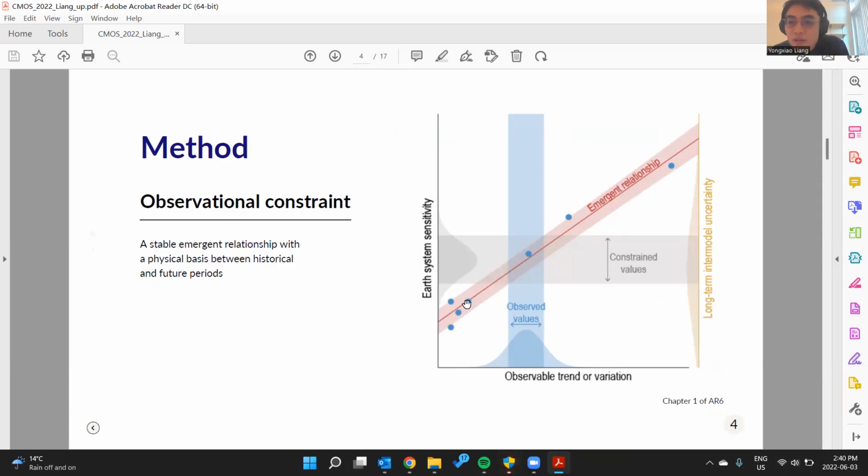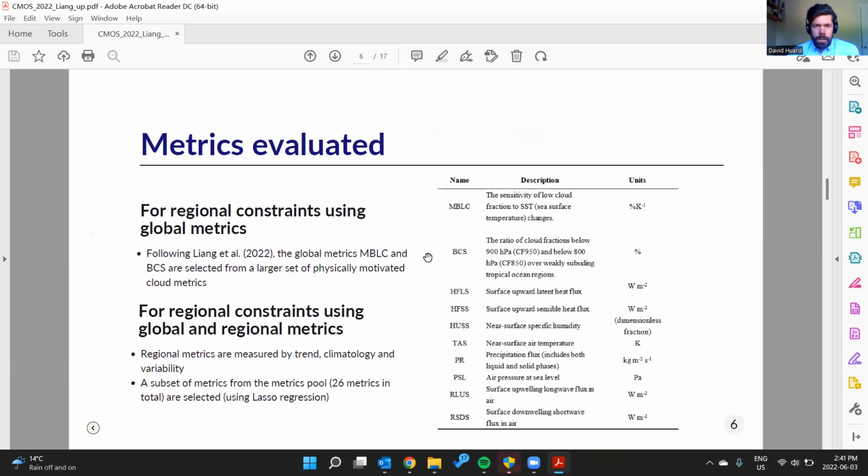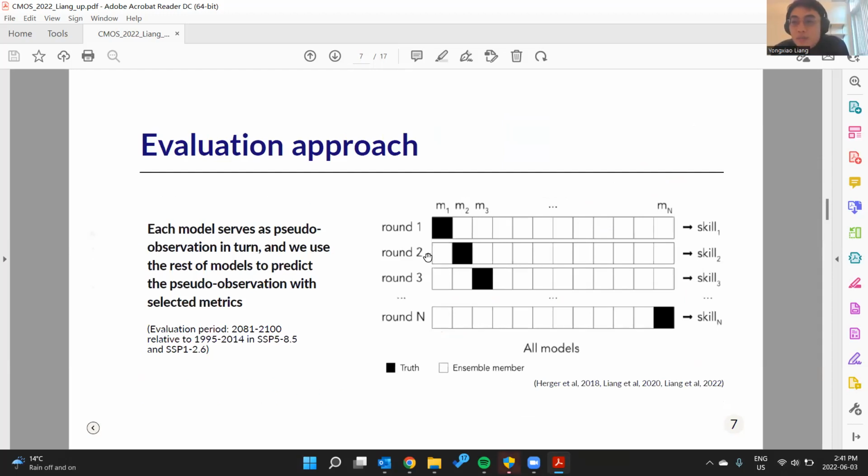When an emergent relationship is built up, we then introduce the observations to infer the constraint projection. But I understood that you had pseudo observations and not real world observations. Oh, you mean the evaluation? Yeah. So you pick each model to serve as observation and use the rest of the models to predict these observations.